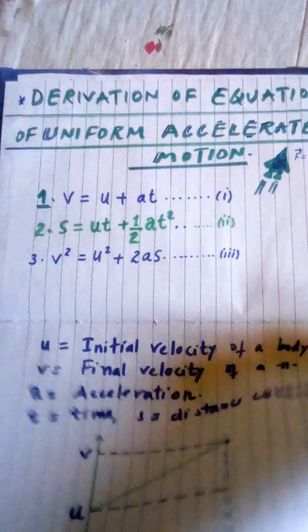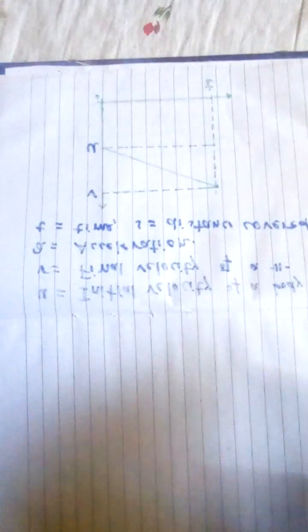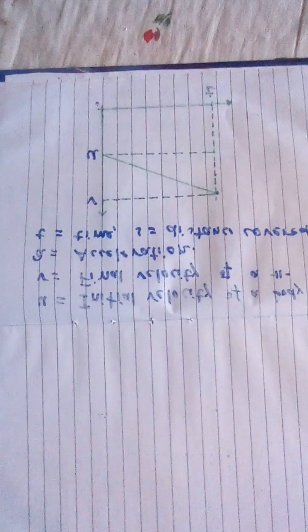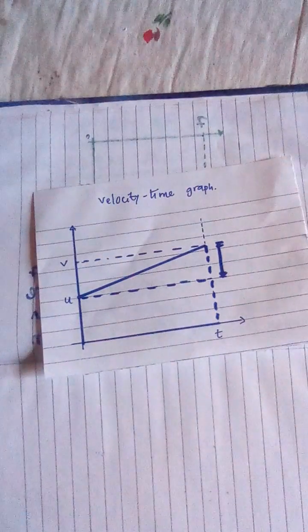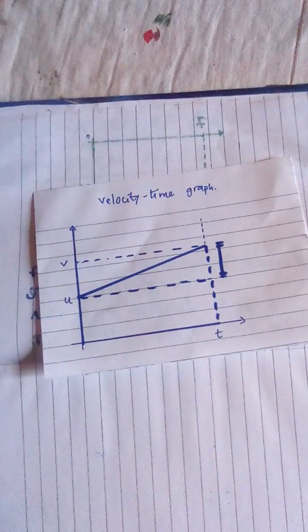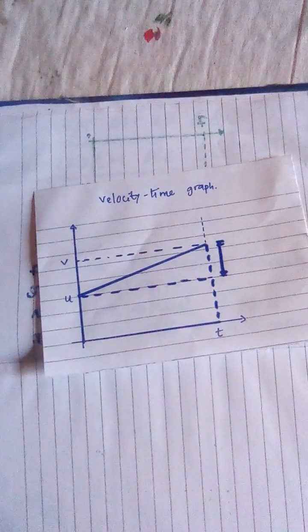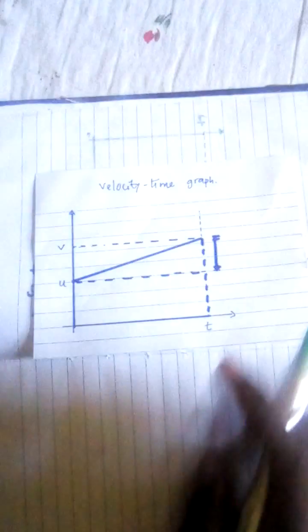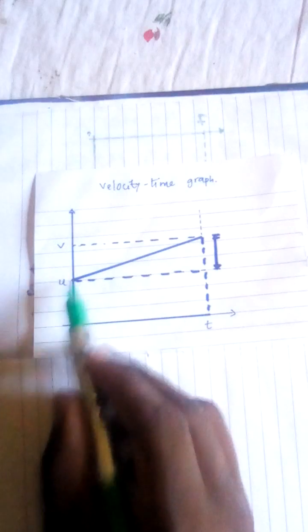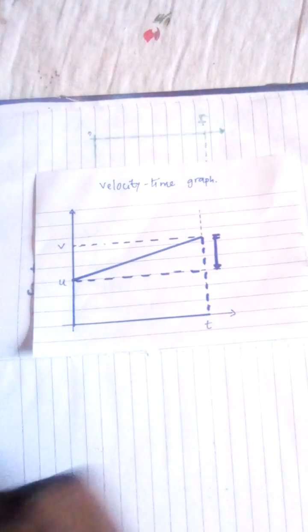So let me open the other page. Here we have a very similar graph to the one we had before. Here the body was accelerating, and the distance from here to here is u, the distance from this point to that point is v.